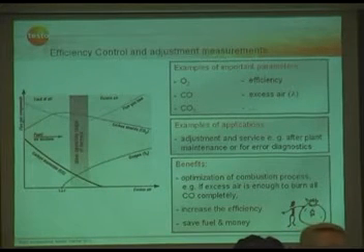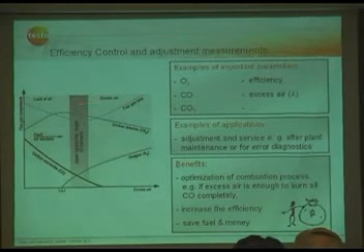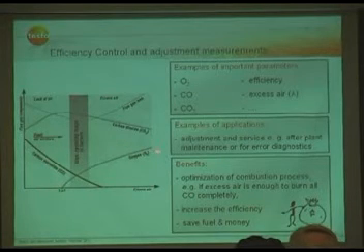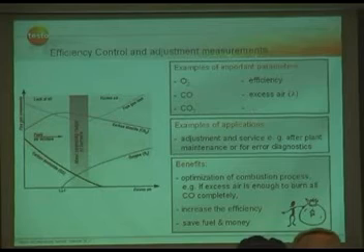If we are talking about efficiency control and adjustment measurements, please keep in mind the chart I showed before, which shows the oxygen value, CO2, the CO value, and also the flue gas loss. This is being used for each application or for each specific fuel.